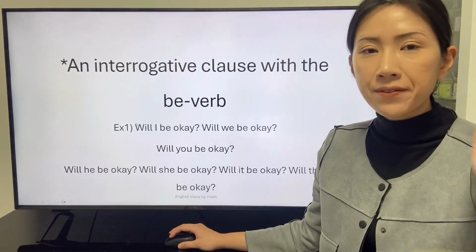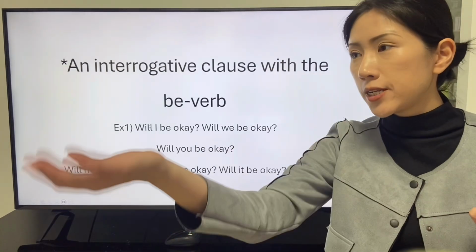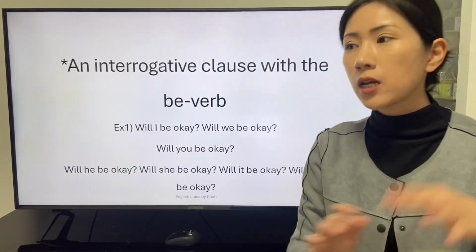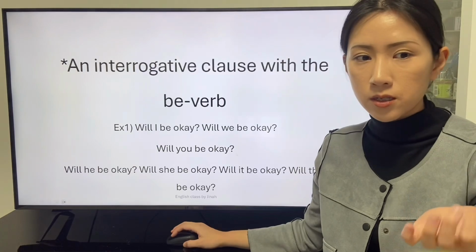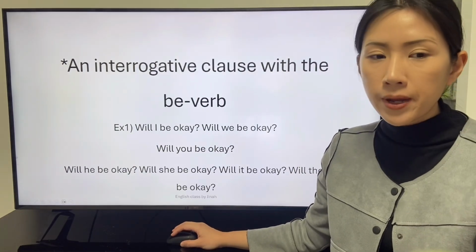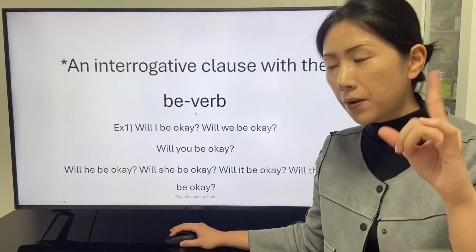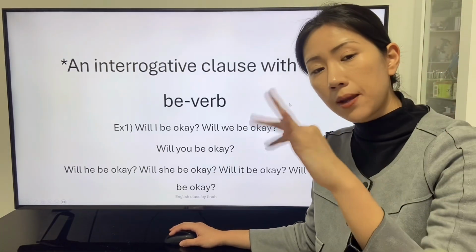The interrogative clause with the be verb to describe the future existence or condition of a subject does not reveal the information about the subject. So the modal verb and the form of the be verb, be, are same.